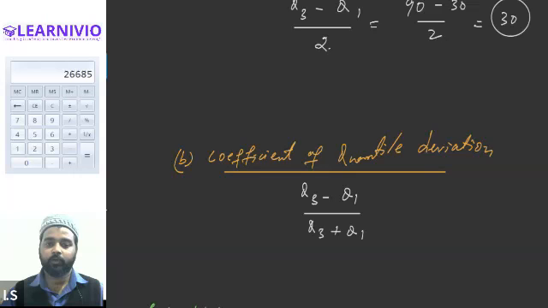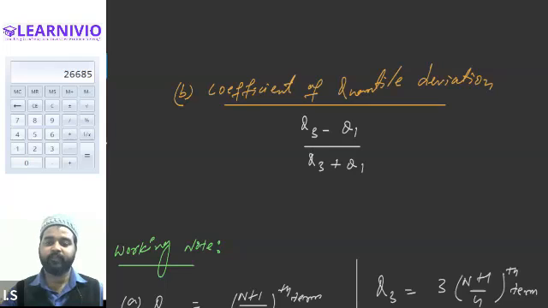Yes, sir. Okay. Now, if I talk about how do we calculate the coefficient of quartile deviation, I think you can do it easily. So Q3 minus Q1 basically means 90 minus 30, and 90 plus 30.